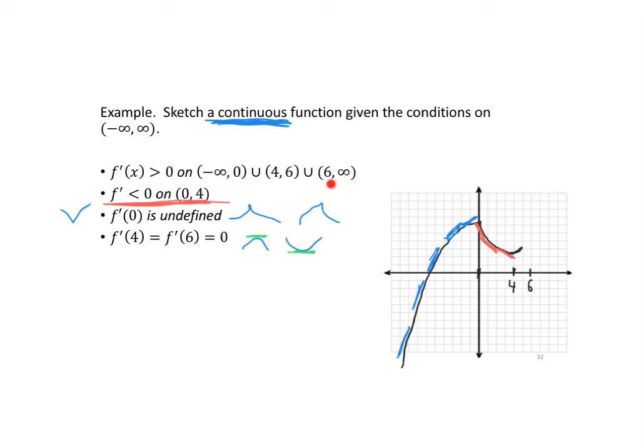But it's also increasing from 6 to infinity, and f prime of 6 has to equal 0. So I'm not sure how that's going to look because I have to keep increasing. My tangent line slopes have to all be positive because the derivative is positive. And I have to also somehow account for the fact that f prime of 6 has to equal 0, but I don't see either of these happening here.